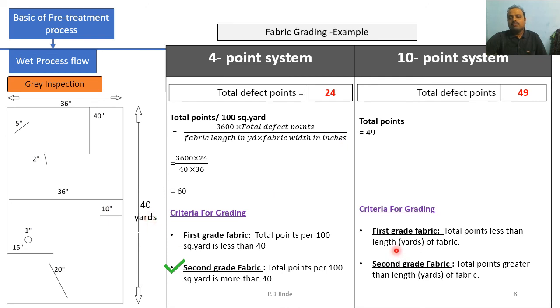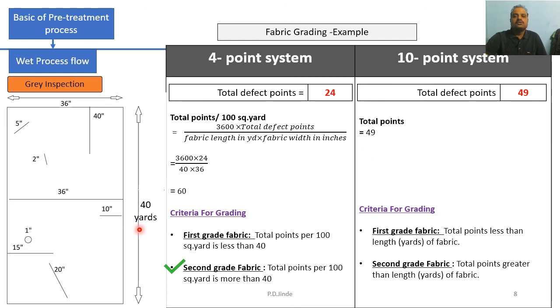So what is the next criteria? Second grade fabric is when the total defect points are more than the length or yardage of the fabric. In that case we consider this fabric as a second grade fabric. So do these conditions satisfy? Our total defect points is 49 and the length of the fabric is 40 yards. So is 49 greater than 40?